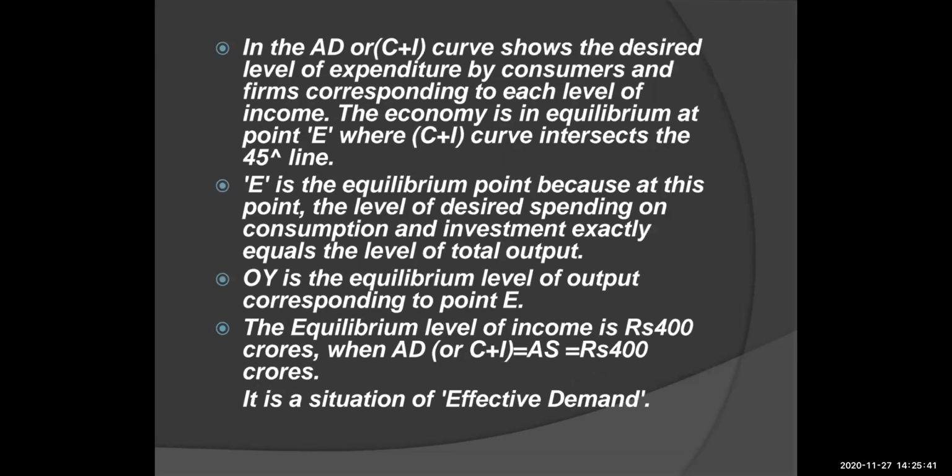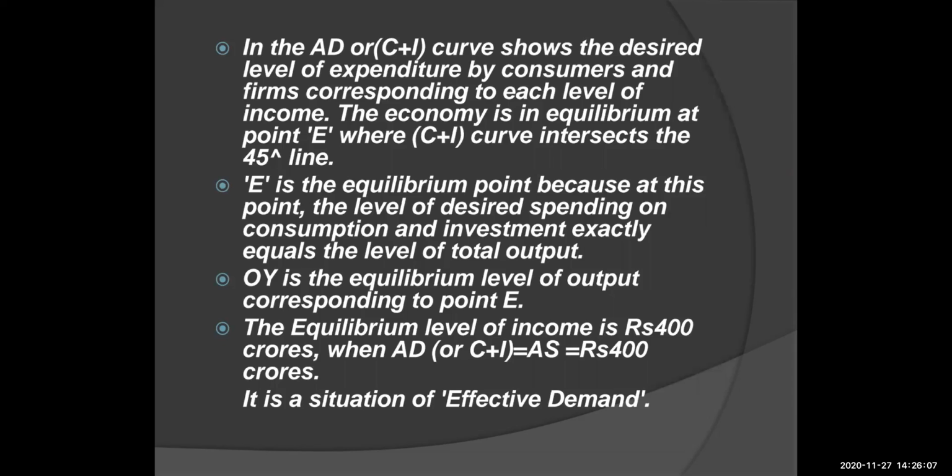From this we can observe that the AD curve, which is C plus I, shows the desired level of expenditure by consumers and firms corresponding to each level of income. So the economy is in equilibrium at point E, where the C plus I curve intersects the 45-degree line from the origin.